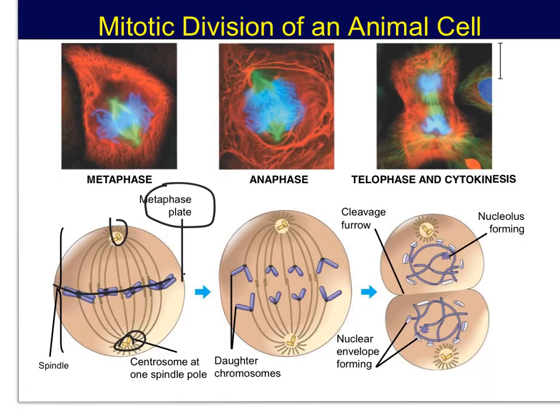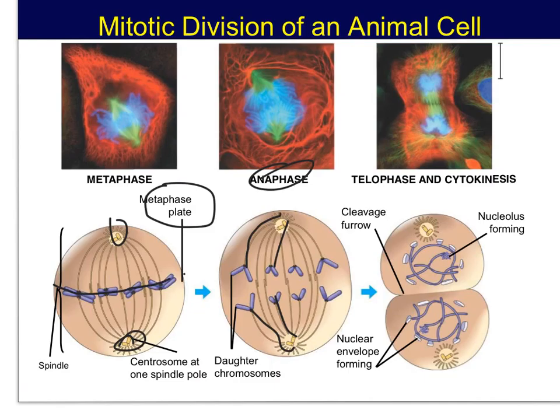So now, during anaphase, the daughter chromosomes are taken apart. Each chromosome is going to be pulled to that end, that end, all the way. Okay? Anaphase is the longest actual phase of mitosis.